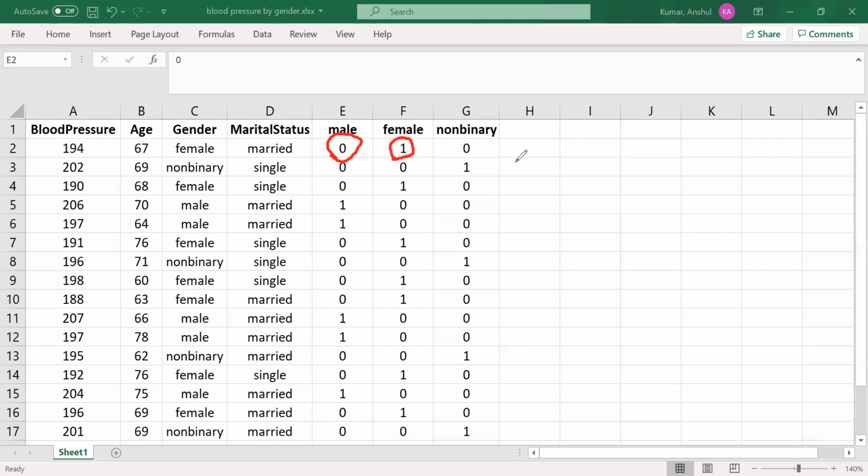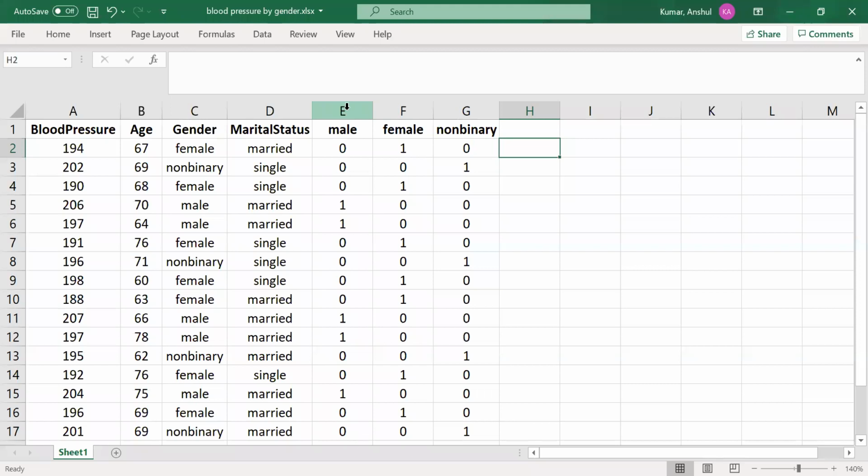We were able to figure it out as soon as we got to the second column, meaning we looked at male, we looked at female. We didn't need to look at the third column. And then again here, if we go down to row number 3, the second person, as soon as we know this is a 0 and we know this is a 0, then we know that the person is non-binary. We didn't actually need to look at that third column.